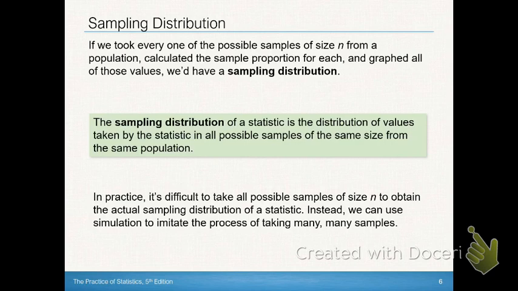Now, oftentimes we don't actually build a full sampling distribution because sometimes there are millions of possible samples of size n. So what we do instead is use simulations. We'll use your calculator, the random integer generator, or a computer to make dot plots of many, many samples, even though sometimes it's not possible to get every possible sample.